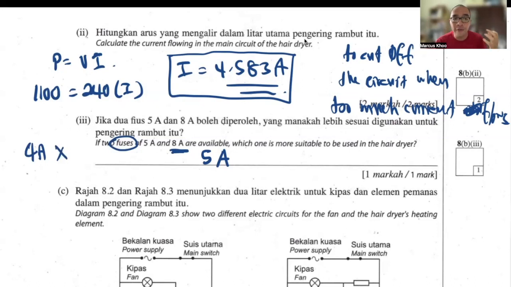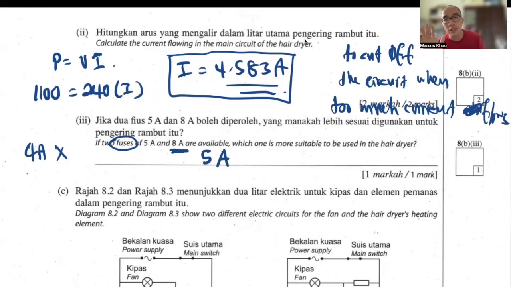If we have a 4 ampere fuse, the moment the current hits 4 amps, it's going to cut off, and the hair dryer breaks down. The problem is you put in the wrong fuse. 5 is higher than 4.583, but not too high. Remember, 4.583 is the minimum current you need to function properly.